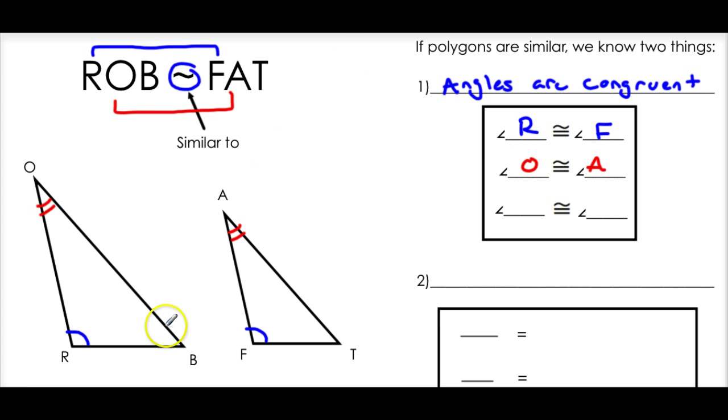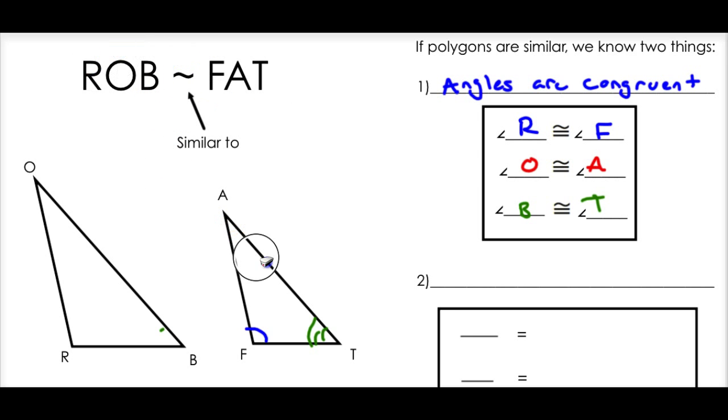And we know B is congruent to T because that is our last letter. So the first property we know about similar triangles is that the angles are congruent, and that the order of these letters does matter.